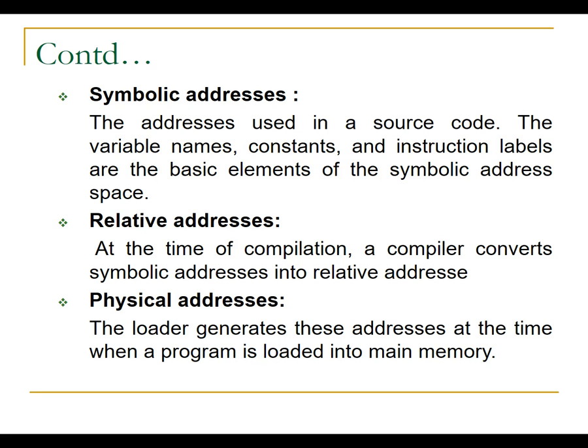In the compilation, the entire program is converted from source code to byte code, which is easily recognized by the hardware that we have. That conversion is done by the component called the compiler. So these relative addresses are generated during that particular process.